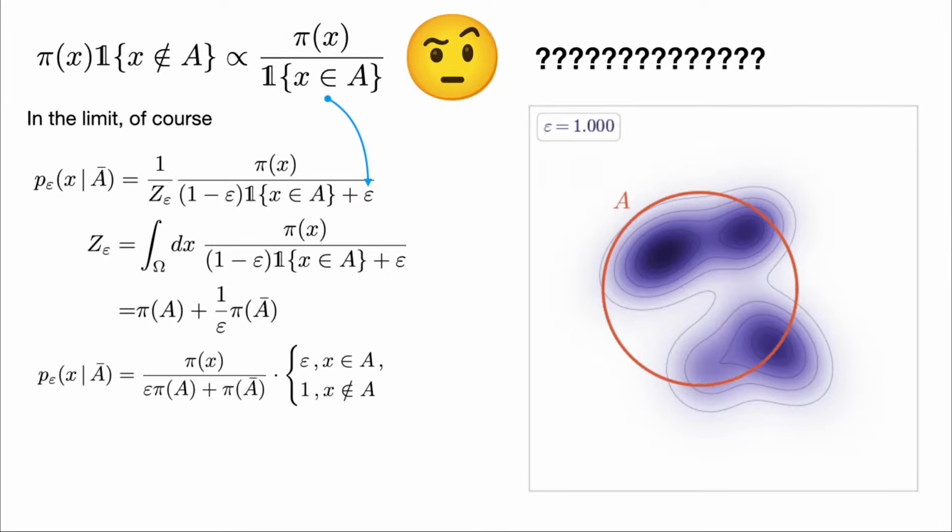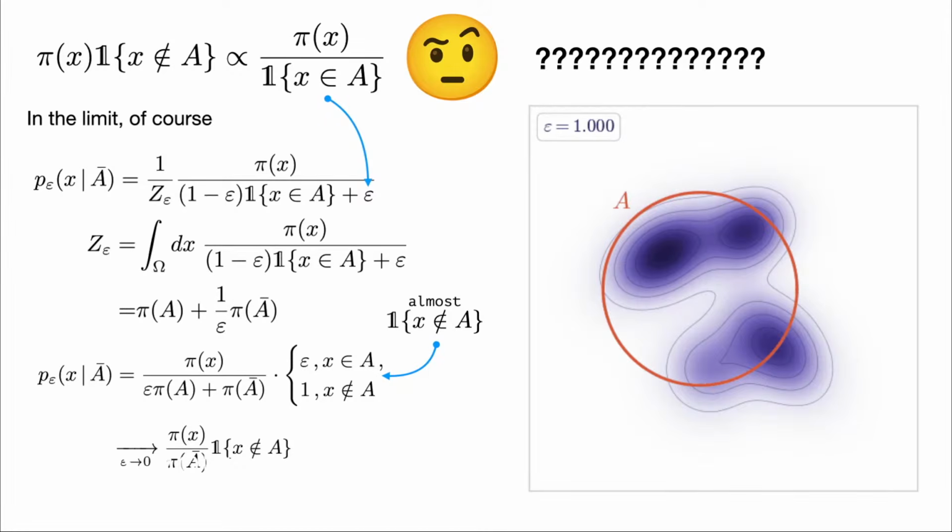So now we put this back into the equation, and we can use this z epsilon, do some algebra and rewrite this indicator function, and we get this multiplication by the bracket, which almost looks like the indicator function that x is not inside A. The only step that's left is to take the limit of epsilon going to 0, and we arrive at what we started with.